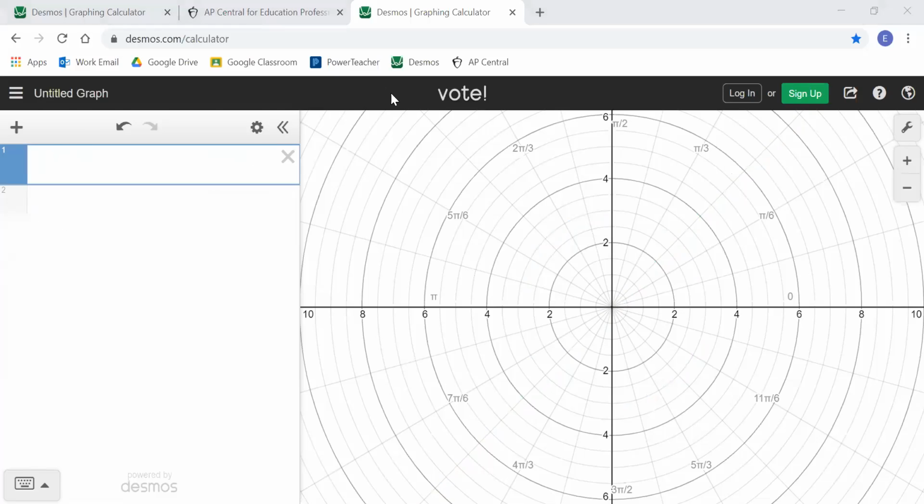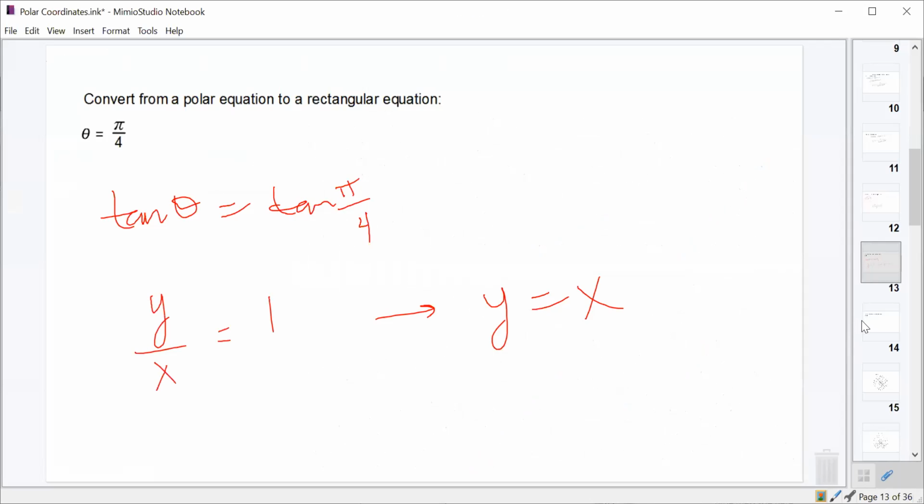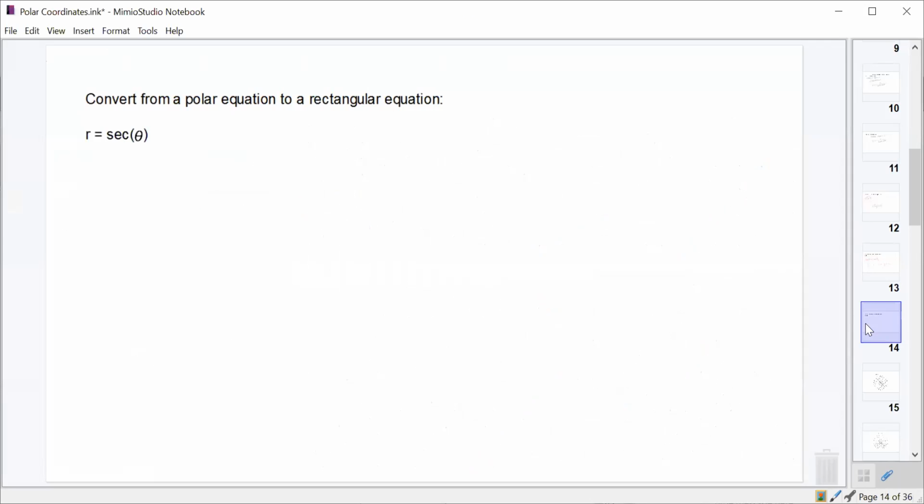Wonderful. Should be a pretty easy day so far today, and in general, all day today. Do one more of these before we get into the ones that are really going to matter a lot. So we're going to do r equals secant theta.